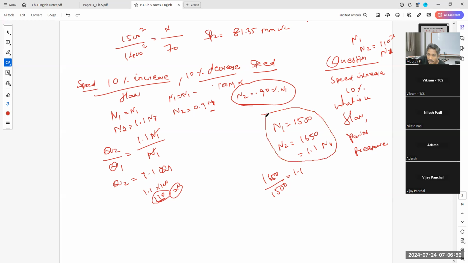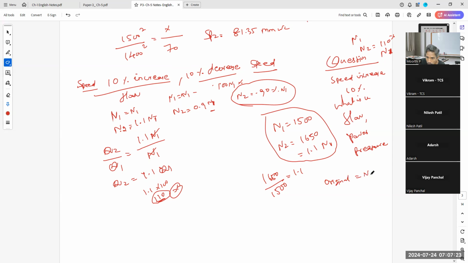But they're not giving the value. Please understand, they're not giving the value, only that the speed increases or decreases. So you have to imagine and keep some identification, no need for a number.